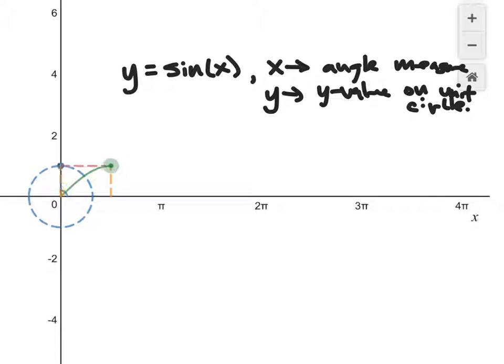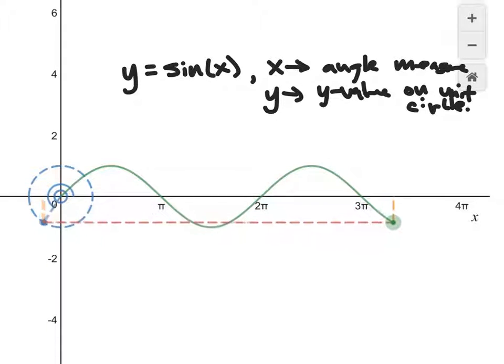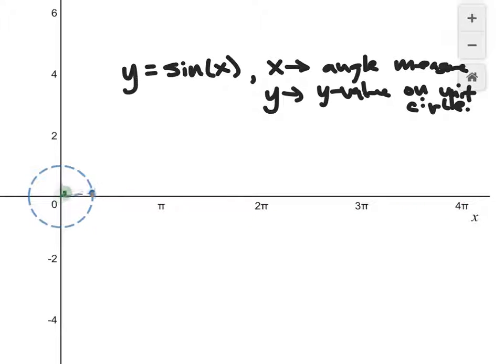Here, 90 degrees, at pi over 2, is where it lands, and it's over here. It's going to come back around and hit 2 pi, and it's going to continue to do that. We're animating this going around the circle. The x value of our sine function represents the angle measure.